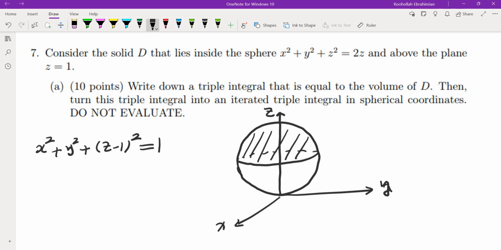If we want to turn that into spherical, we'll have to find the limits. So the limits are from the plane, this is z equals 1, to the sphere, which we can get by turning the sphere into spherical. And then we'll have to find the limits of phi and theta.